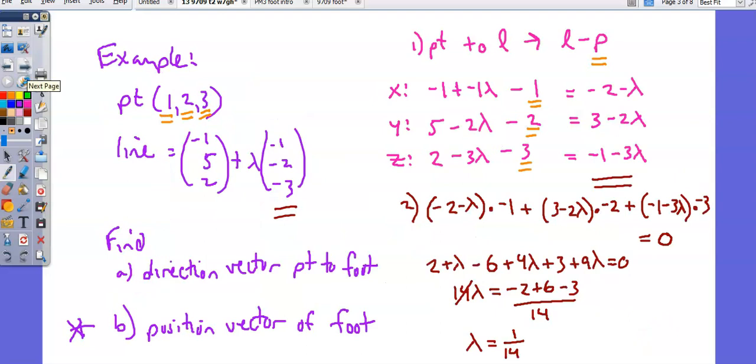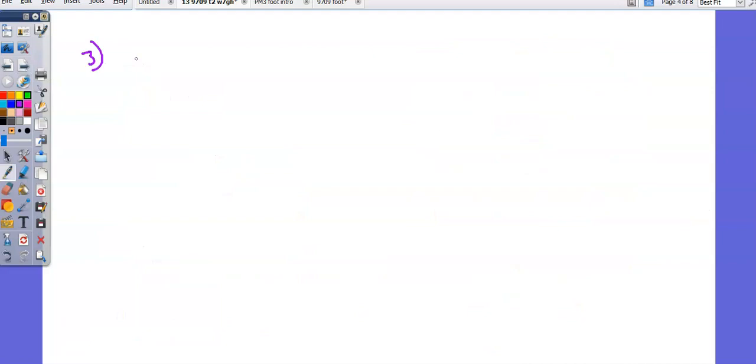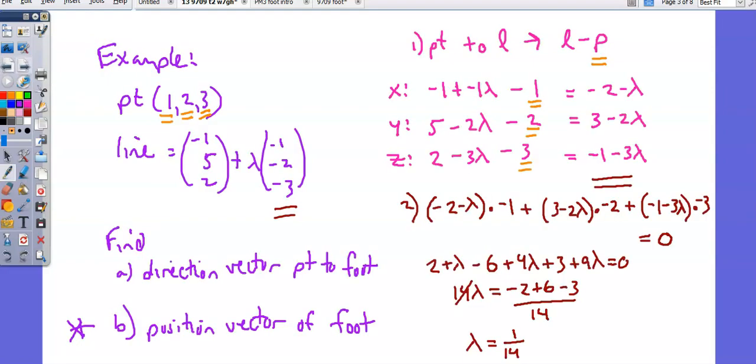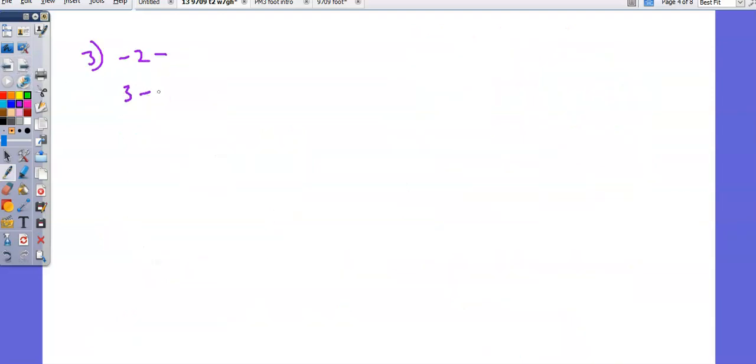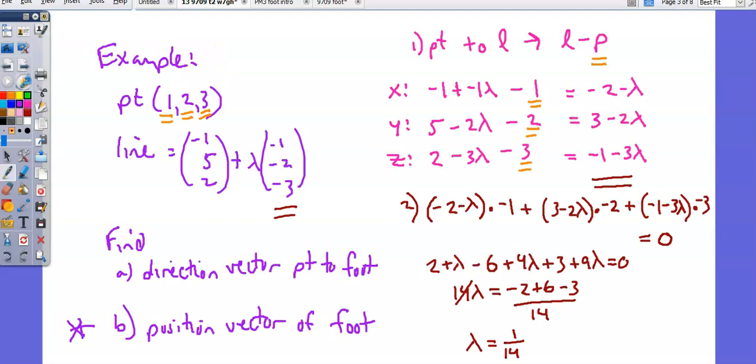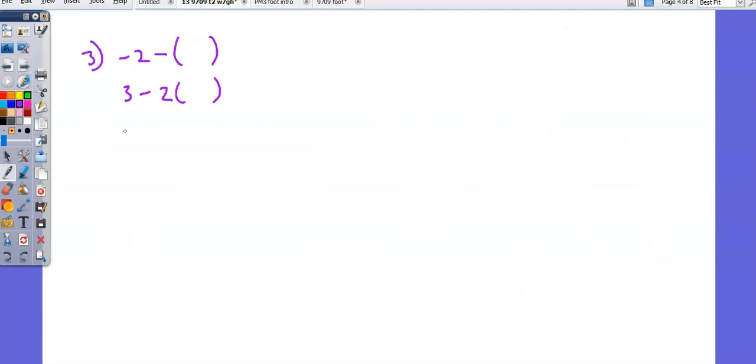On the right side in pink, -2 minus lambda. So I'll leave that lambda out for a moment. And then 3 minus 2 lambda. And I'll put brackets blank for a moment. And then -1 minus 3 lambda. We have a particular lambda value that we're looking for.